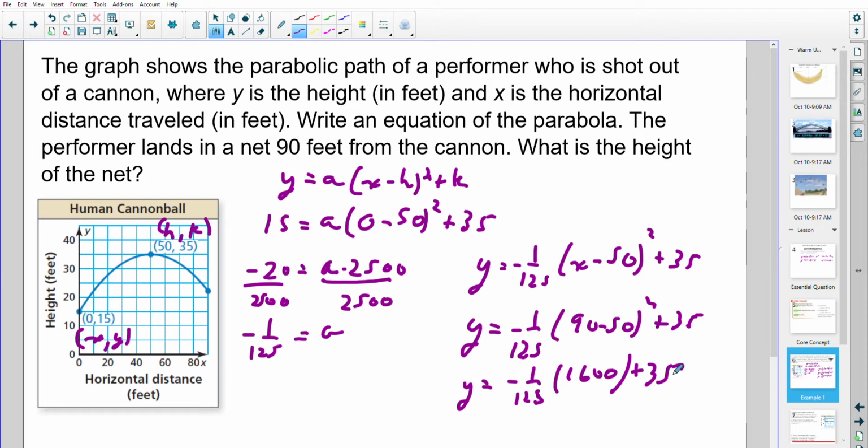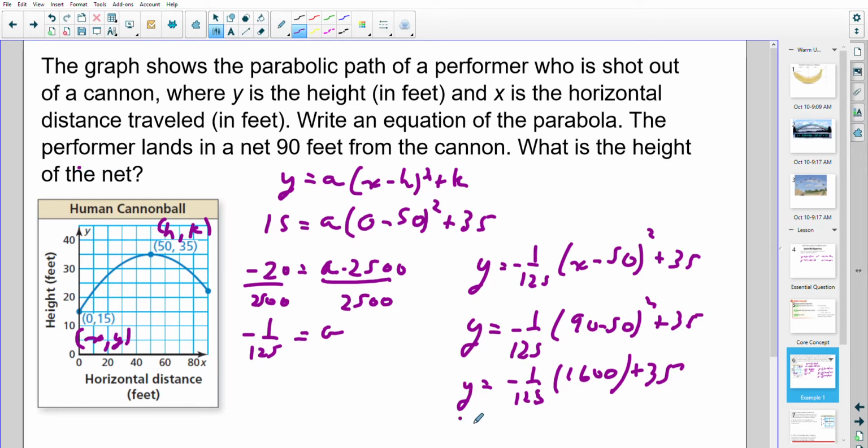Using my calculator, let's see, I'll do 1600 divided by 125, and that's going to be negative. And plus 35 is equal to 47.